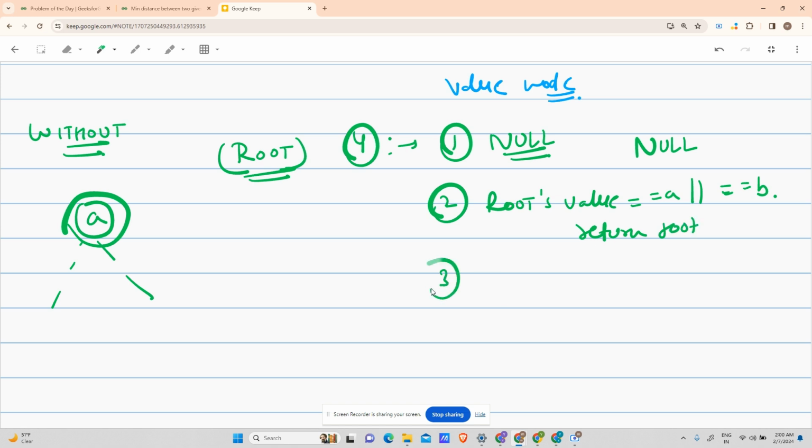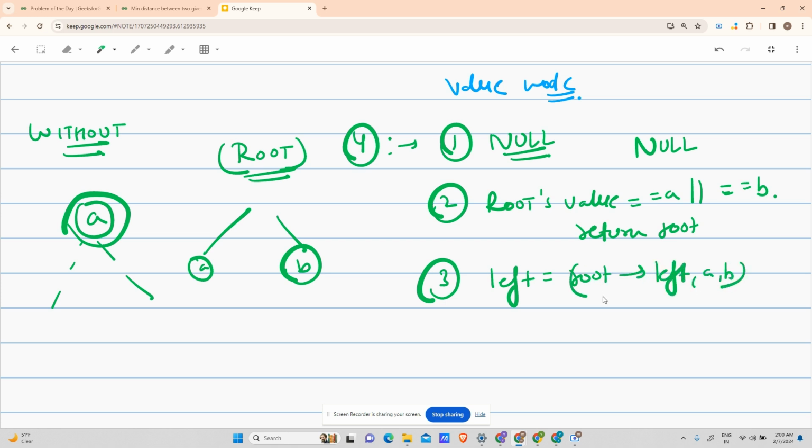My third case is that A is present in the left subtree and B is present in the right subtree. In that case, my left will be find the LCA in root's left for A and B. If my left is equal to null, only then find right.